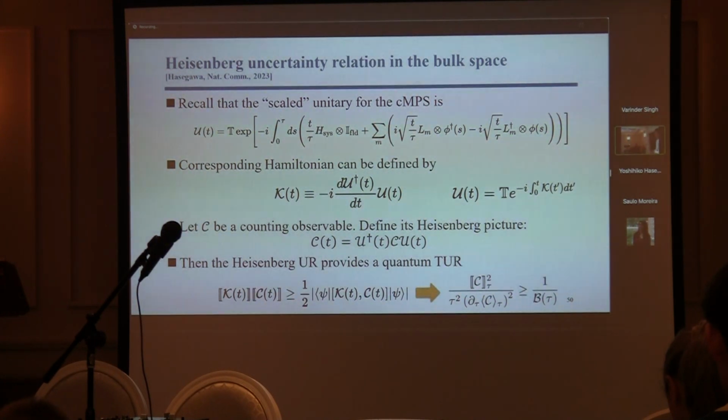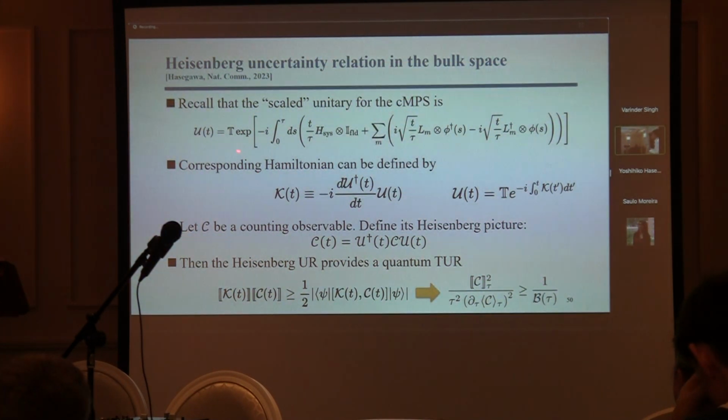So recall that the scale unitary for the CMPS is given by this one, and we can obtain a Hamiltonian corresponding to this unitary by this simple calculation.